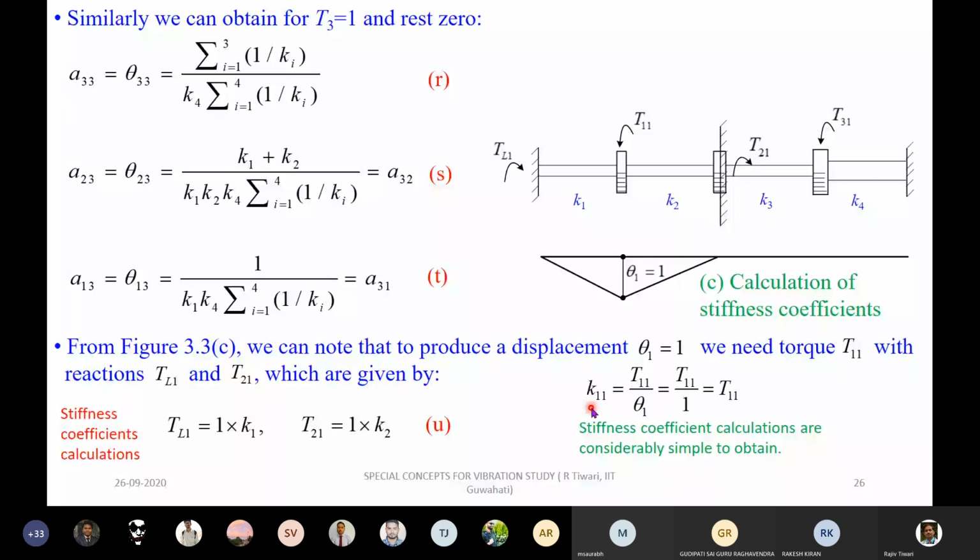They are the stiffness matrix elements, the stiffness coefficients which we are trying to find out in terms of the stiffness of the shaft segments. So we defined in the very first slide K11 as T11 by theta1. Now we are giving theta1 as 1, so K11 will be equal to T11. So our aim is to obtain T11 so that we can get K11.